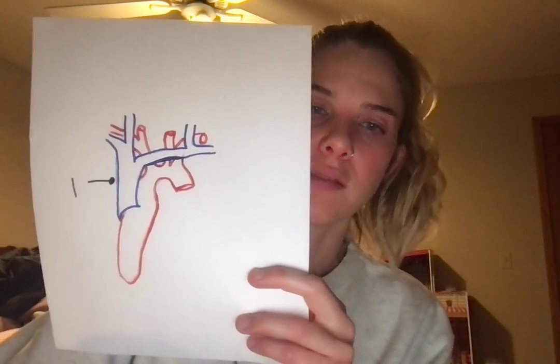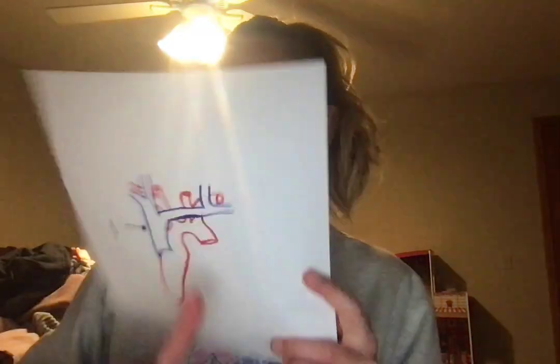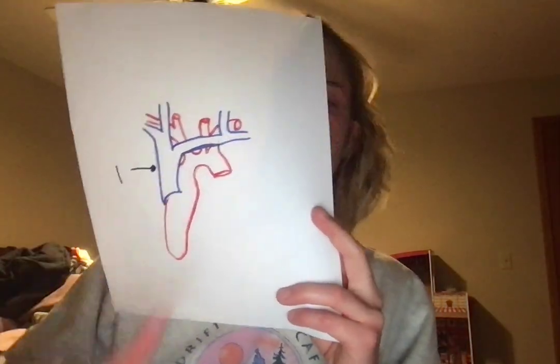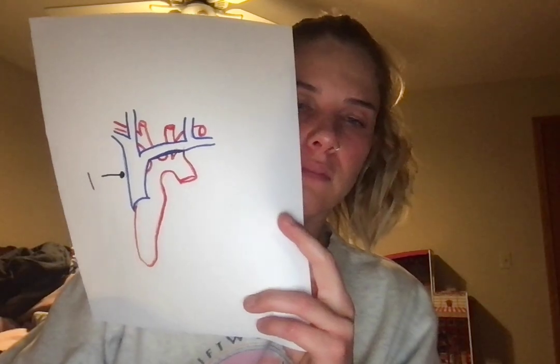The orifice of the superior vena cava lies directly posterolaterally to the auricle of the right atrium. So imagine the heart is right here, and this is the right atrium over here. Awesome.